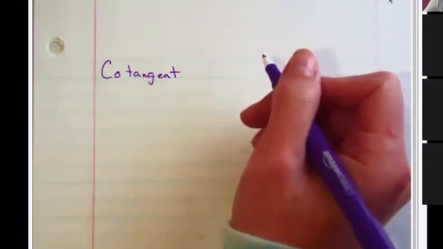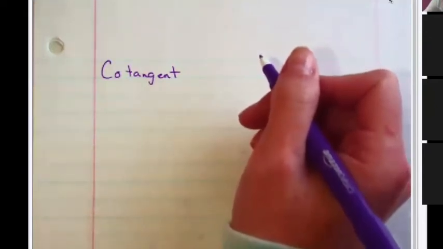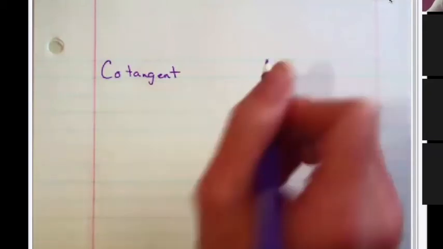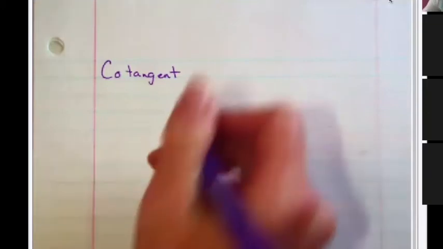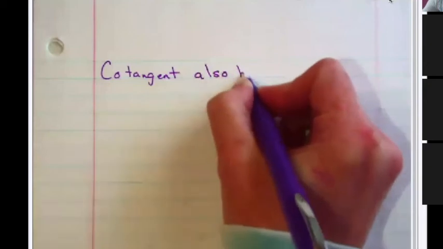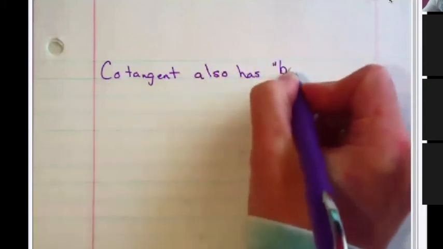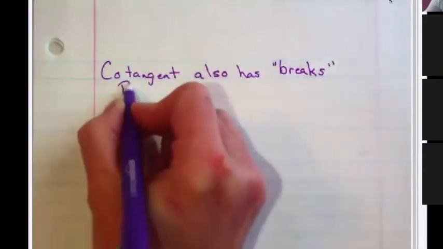Sorry, it's the opposite. So it's going to have breaks in the opposite places. So the places where tangent crosses the x-axis is going to be asymptote, and the places where there's an asymptote is going to cross the x-axis. So it's kind of like you've just taken the tangent graph and shifted it over a little bit for cotangent. So this one also has breaks, also known as asymptotes, but we'll get there. And it also has a period of pi.